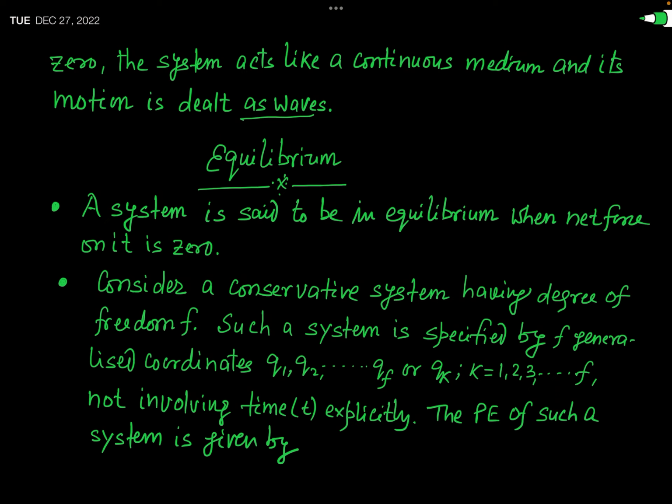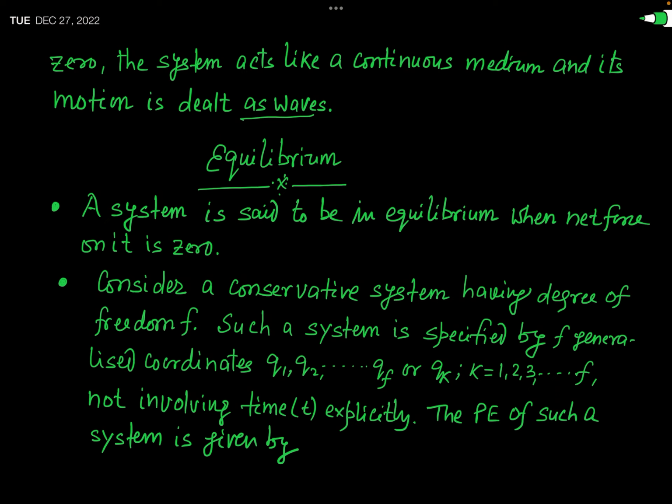In this introductory lecture, or the first lecture on small oscillation, I am just going to explain what equilibrium is and why we are going to study it, because I have told you that oscillation always takes place about the position of equilibrium. So definitely the concept of equilibrium must be in your mind to understand the concept of oscillation.